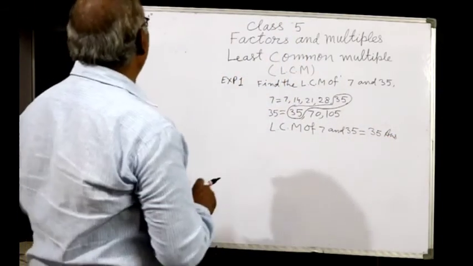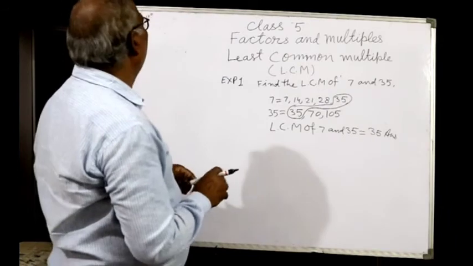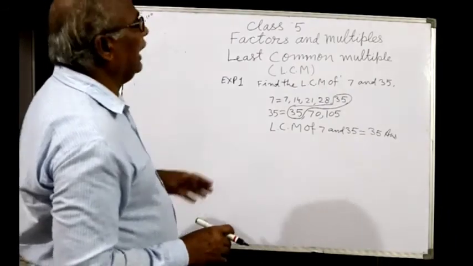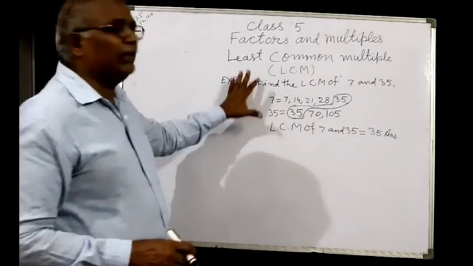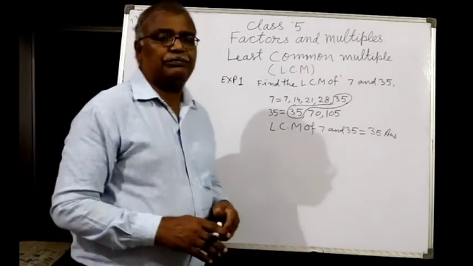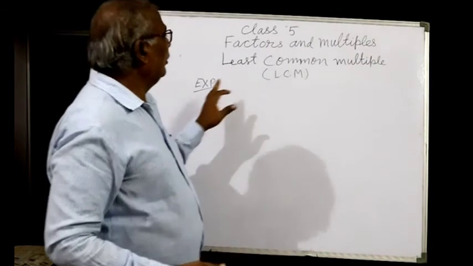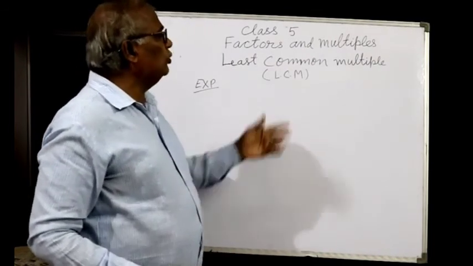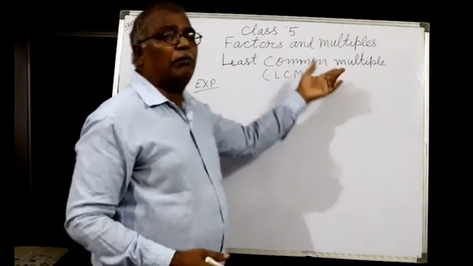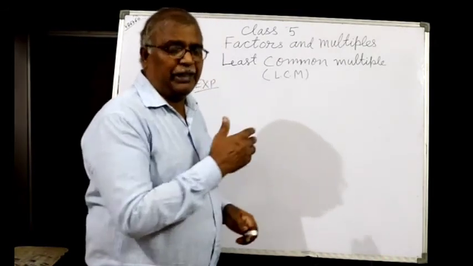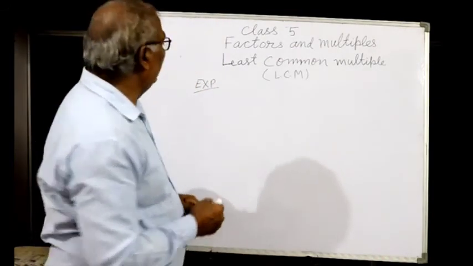Similarly, you can find the LCM of 20, 50 and 100. You can find it yourself. Now, find the LCM of two or more than two numbers by the common division method. I am giving one example.